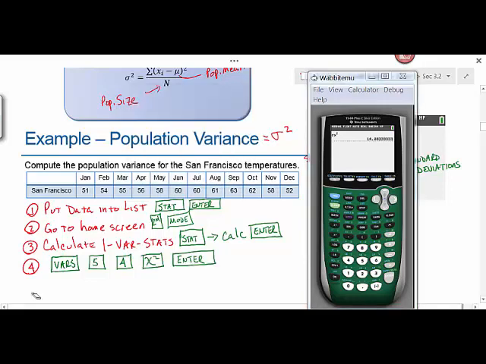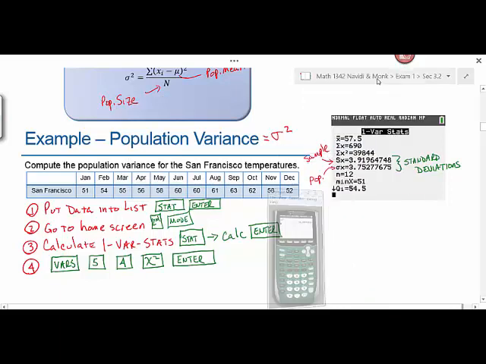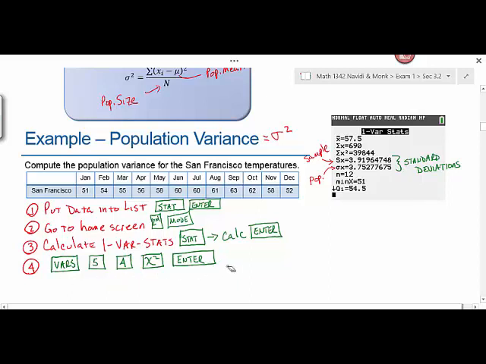Here are the 4 steps you'll need to go through anytime you need to find a population variance. If you were looking for a population standard deviation, you could stop right there at step 3 because there it is. There's your population standard deviation. But because I needed to square it, I had to go through these steps to get my calculator to put that variable on the home screen so that I could square it.